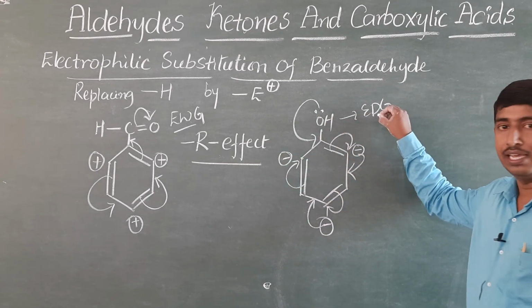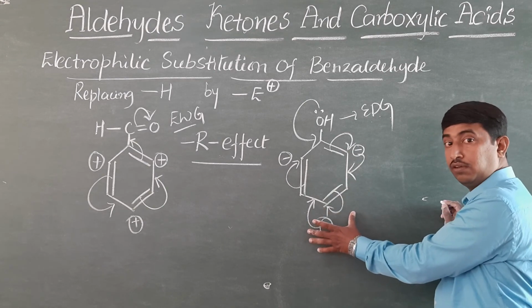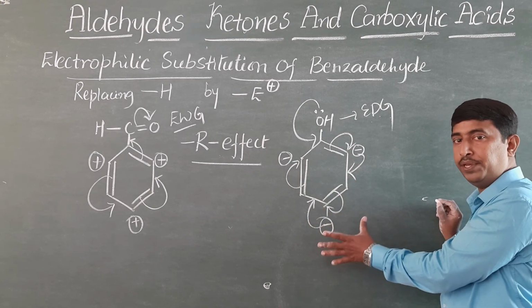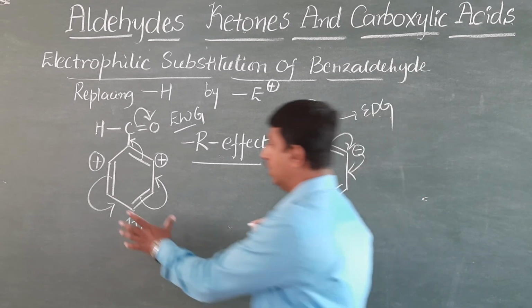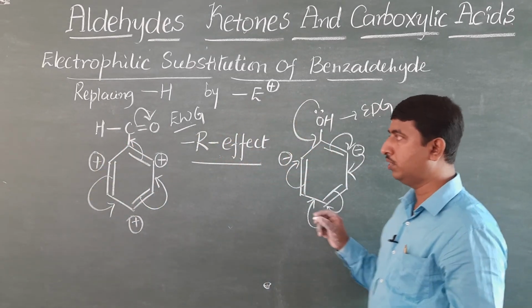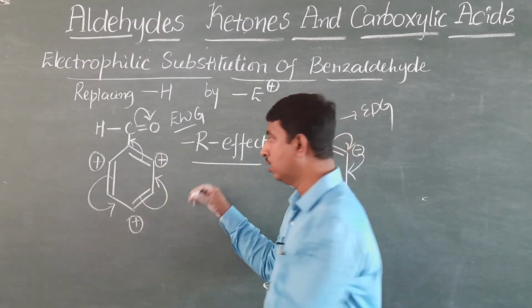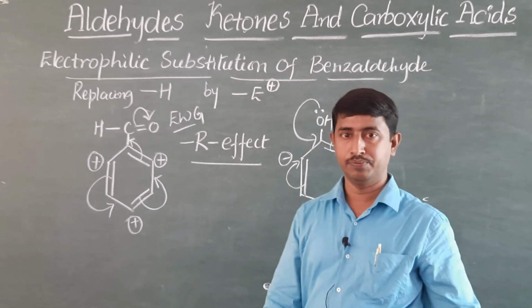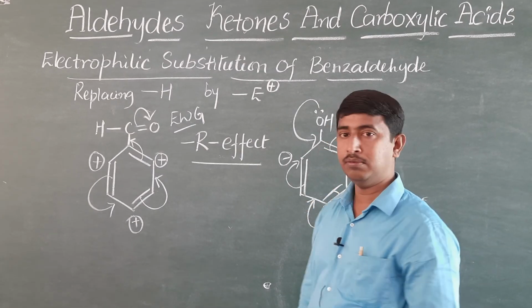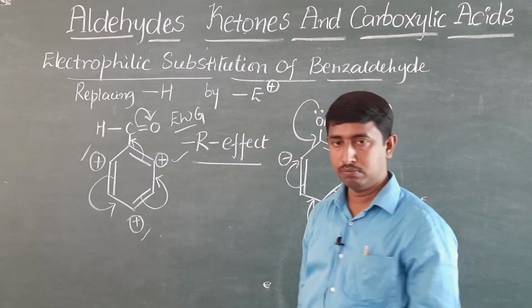So if there is an electron donating group, then the ortho and para positions will be electron rich. If an aromatic ring contains an electron withdrawing group, then due to the abstraction of electrons, the ring becomes electron deficient at the ortho and para positions.